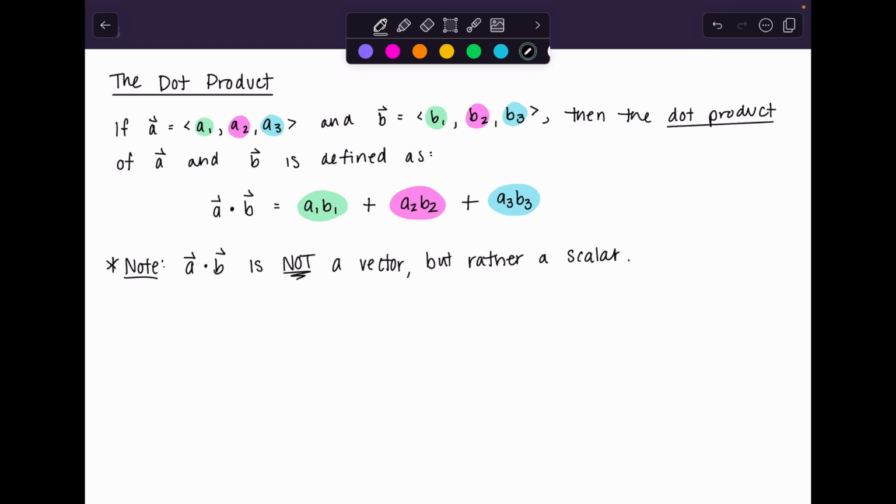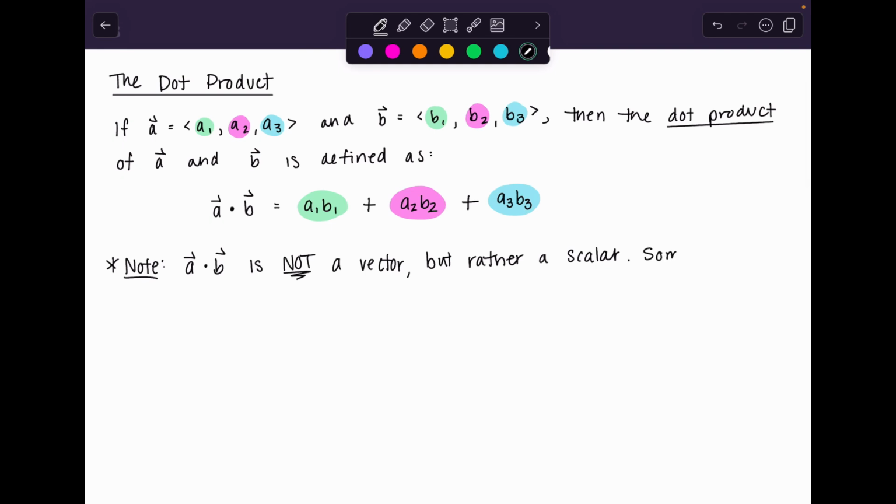It's not like when I add two vectors, it gives me another vector. When I subtract vectors, it gives me a vector. Here, when I'm doing the dot product, the result is a number. Now again, as is common in math, we have a lot of different names for the same exact thing, and it really depends on the context of the problem which notation is going to be used.